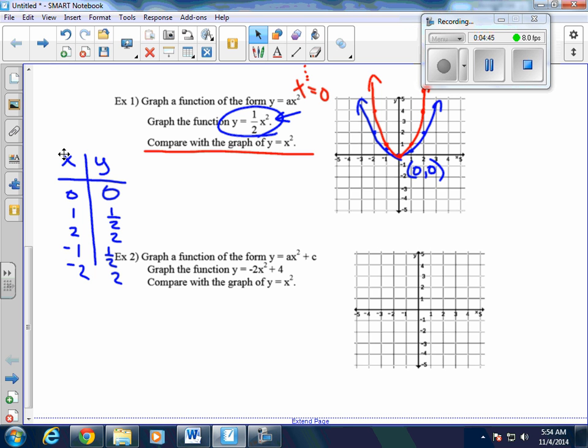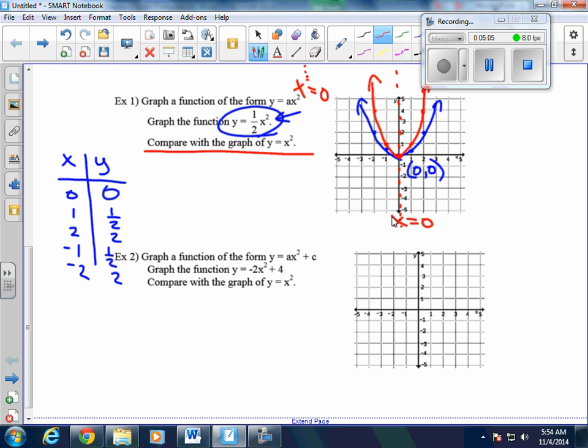So now, what we want to do is compare the graph of y equals x squared, our parent function, to the blue graph. And if we notice, they both have the same axis of symmetry, which is x equals 0.